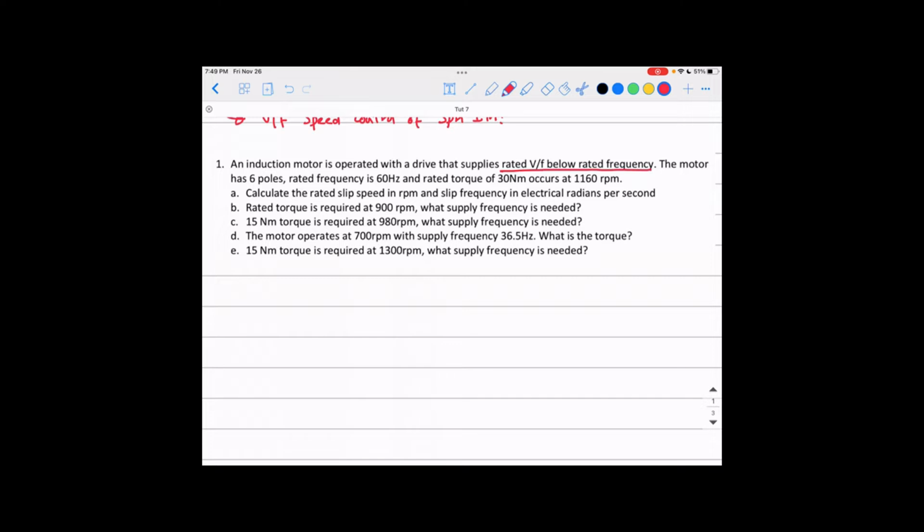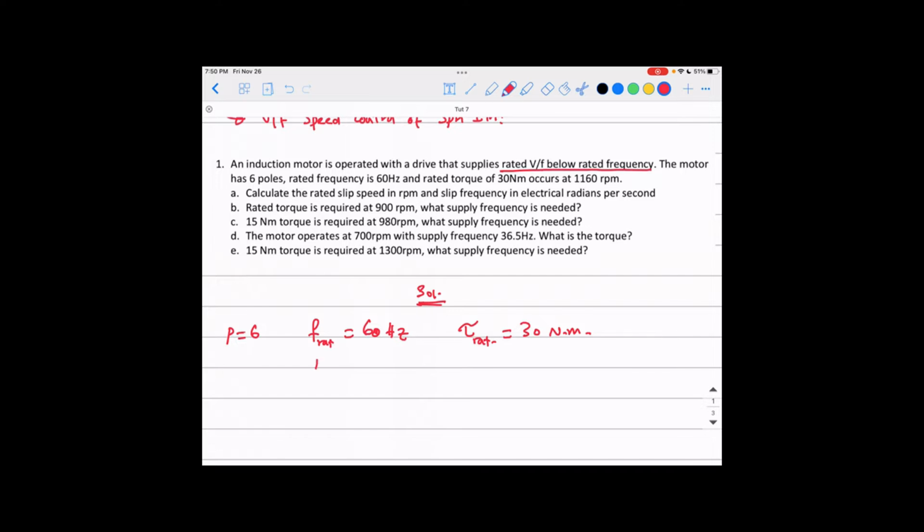So let's extract the data while we are reading. The number of poles of the motor, small p, equals 6. The rated frequency is 60 Hertz. The rated torque is 30 Newton meter, and it occurs at 1160 RPM.